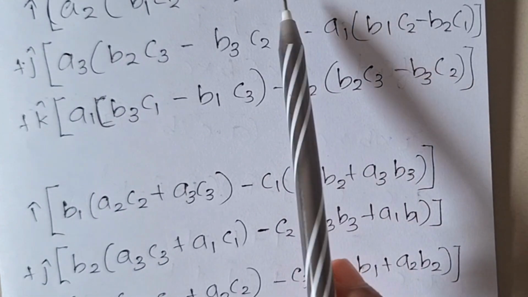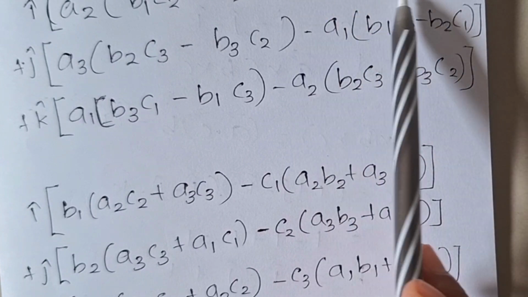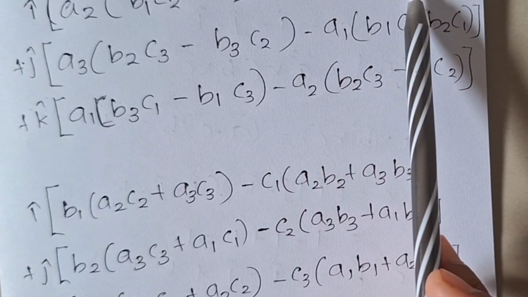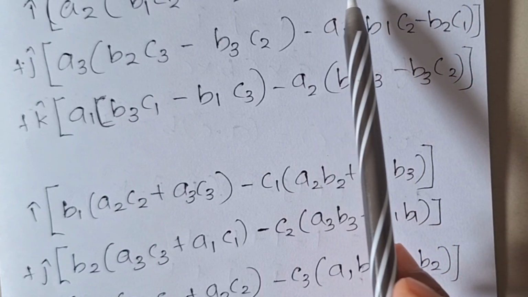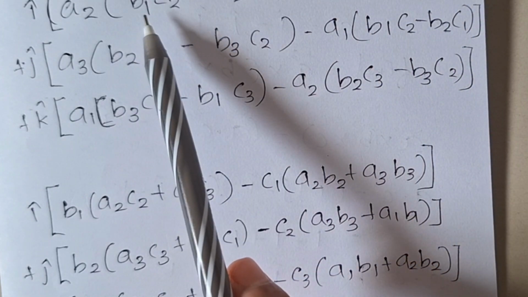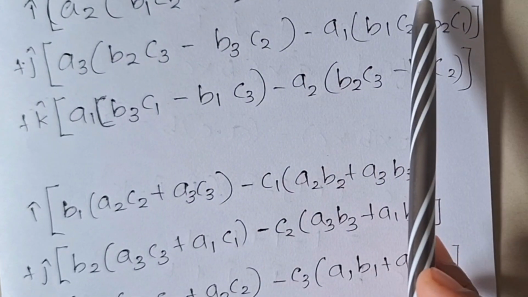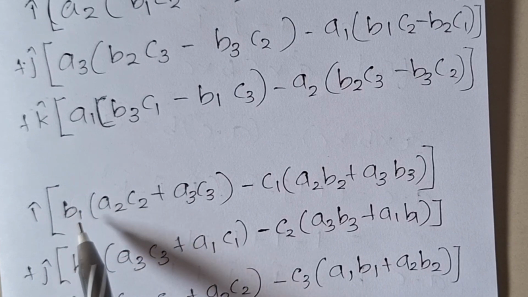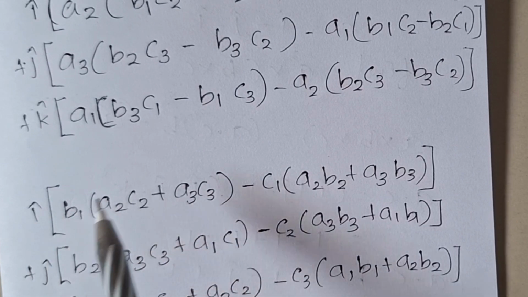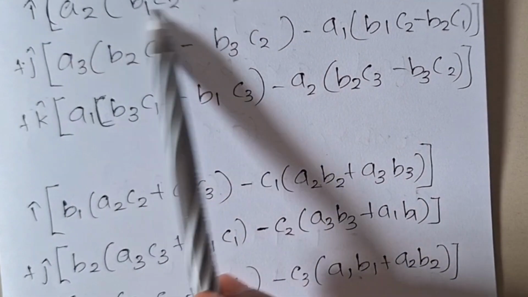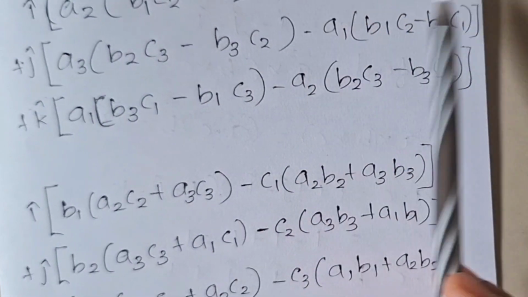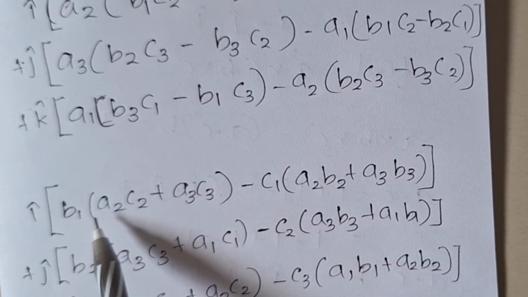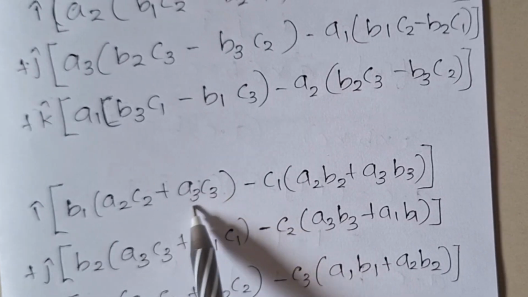When we open the bracket, we get this term as negative and this term as positive. We can take B1 as common from this and this. So I into B1 (A2 C2 plus A3 C3).